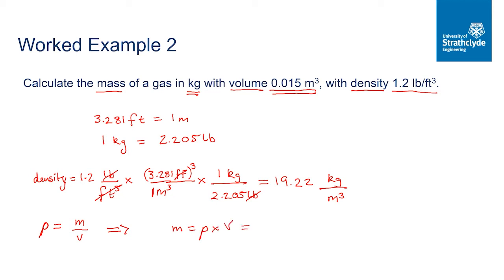So that's 0.015 meters cubed, which is our volume V, multiplied by our density, which is 19.22 kilograms per meter cubed. The order doesn't matter for our multiplication. Calculating our values and cancelling out our meters cubed gives us 0.288 kilograms.